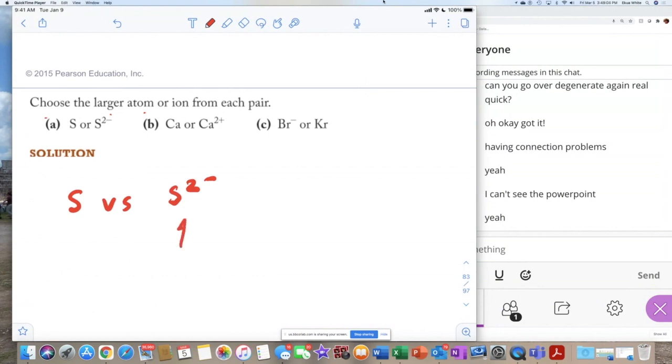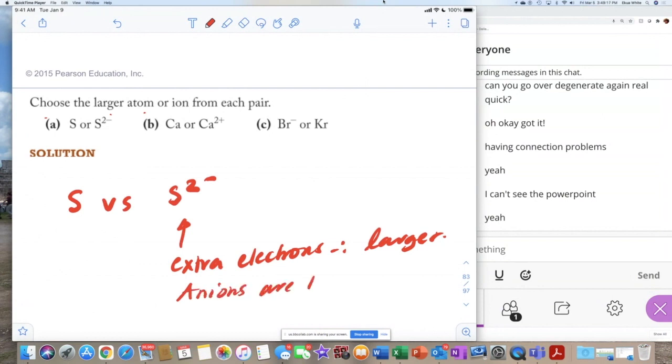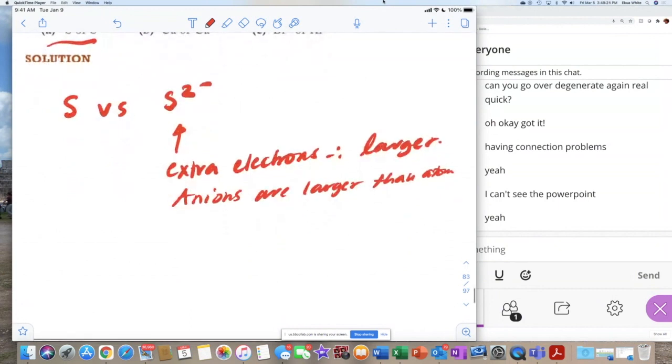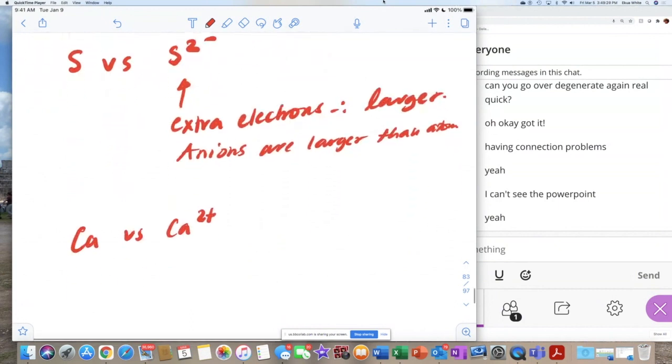It's obvious this one here has extra electrons, therefore larger. Plus we said the anion is larger anyway, right? So you can say anions are larger than atoms, right? First one done.